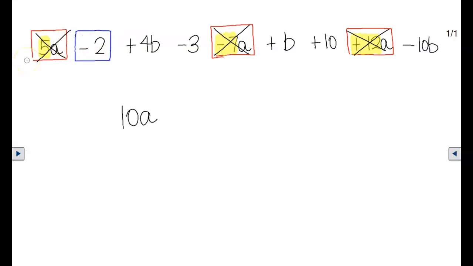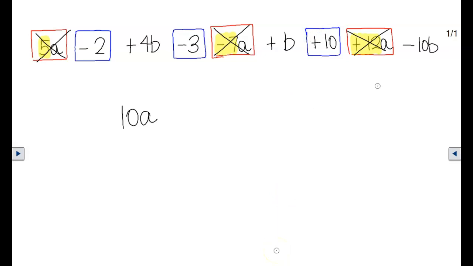Now, what you'll notice about -2 is that he doesn't have a last name. So I want to put blue boxes around every term in this problem that does not have a last name. So -3 doesn't have a last name. Plus 10 doesn't have a last name.